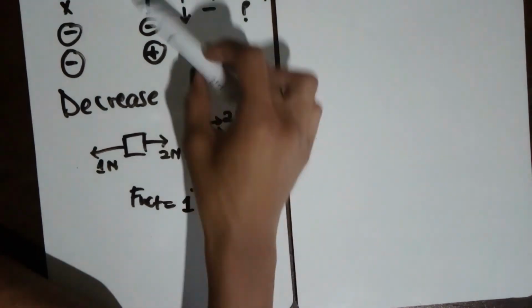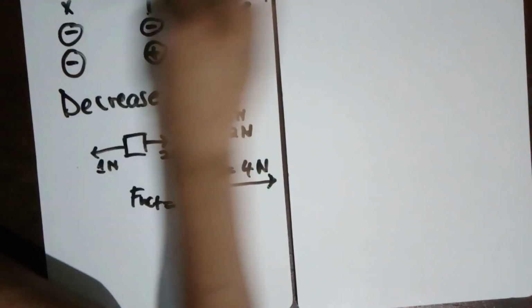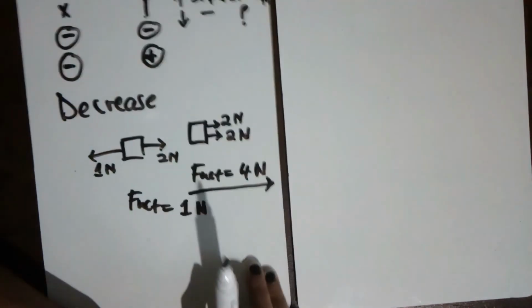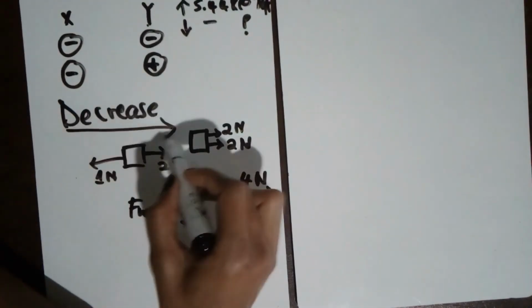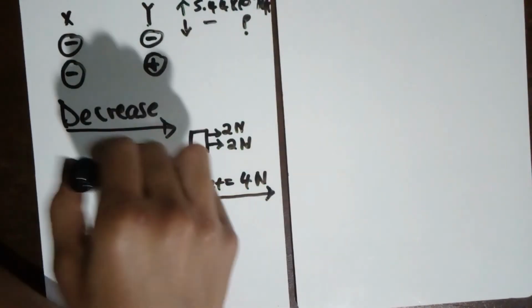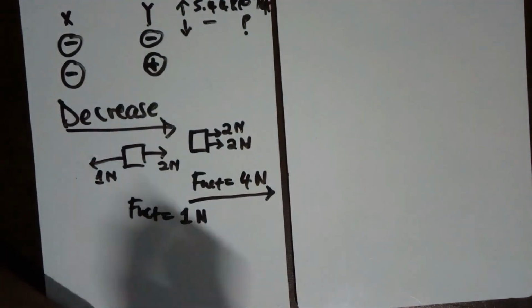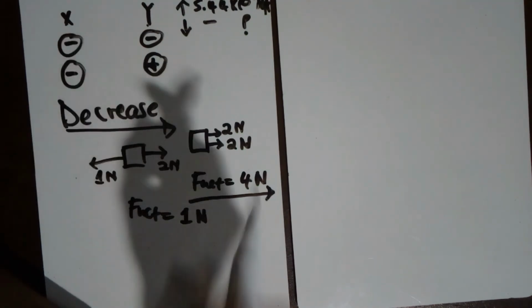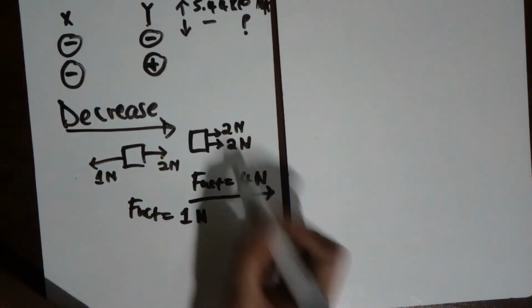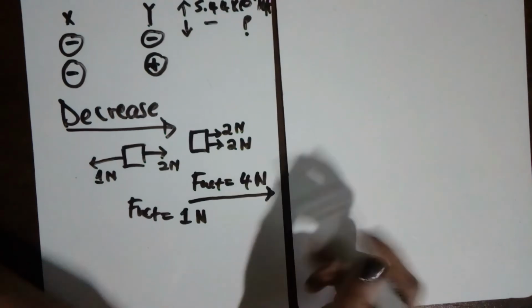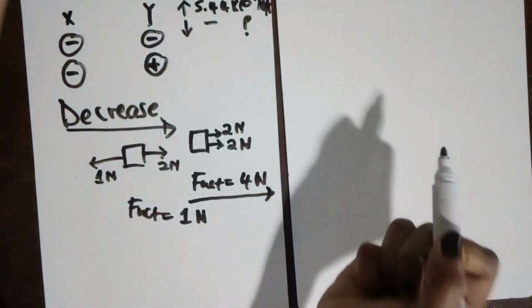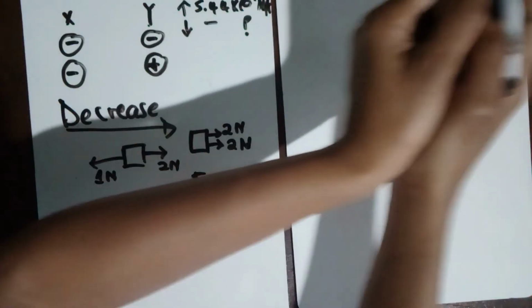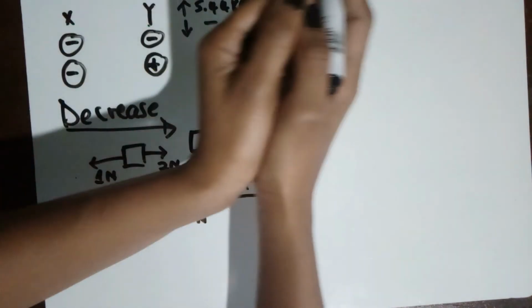So when the electric fields are in opposite directions, it will decrease for exactly the same reason, because electric field, like force, is a vector quantity. So the electric field being a vector will decrease because of the opposite directions. Because now they are in opposite directions, their net effect is decreased. If they were both pulling in the same direction, the net effect would be increased. Hopefully that is clear, right?